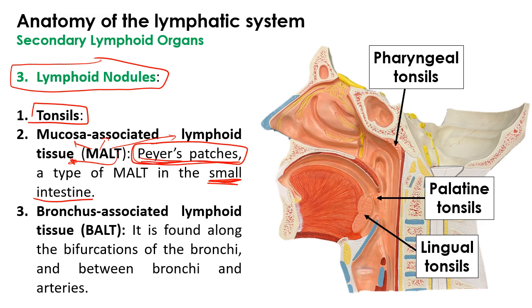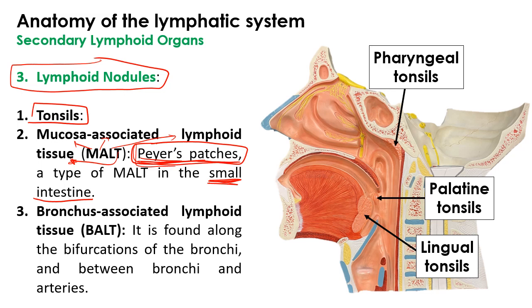Don't confuse the Peyer's patches with the lacteal vessels. Remember, the lacteals are in the small intestine. Those are the smallest capillaries that the intestine uses to absorb fat and lipids from your diet. The Peyer's patches are lymphoid nodules.